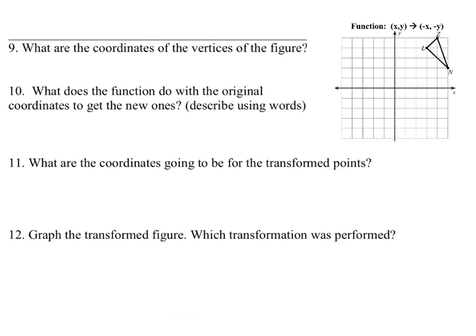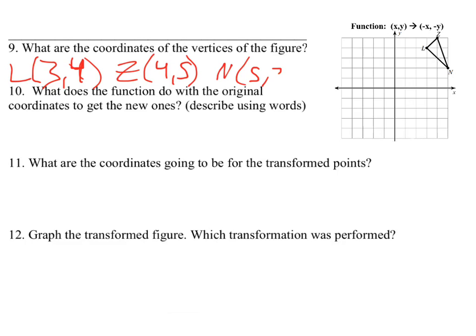Moves us on to the next transformation. We have to get the coordinates. Let's just start with L. L is at 3, 4. Z is at 4, 5. And N is at 5, 2. So there are my coordinates. What does the function do? Let's see, (x, y) goes to (negative x, negative y).